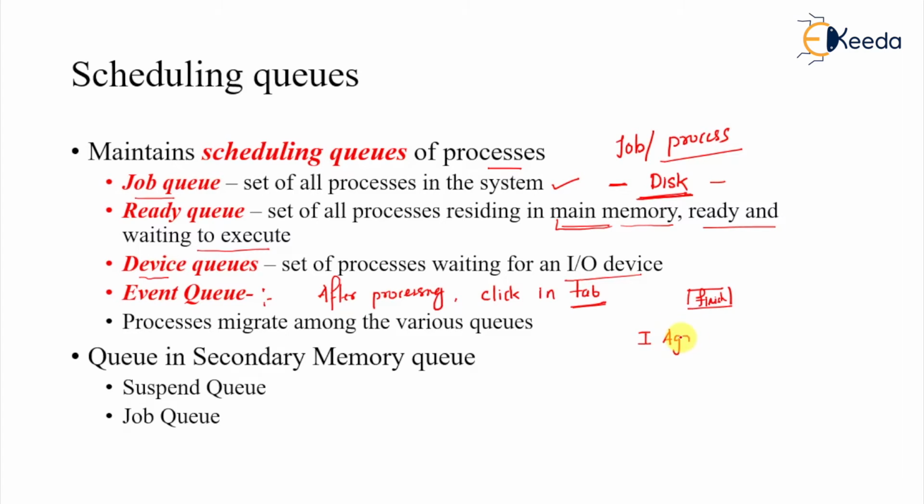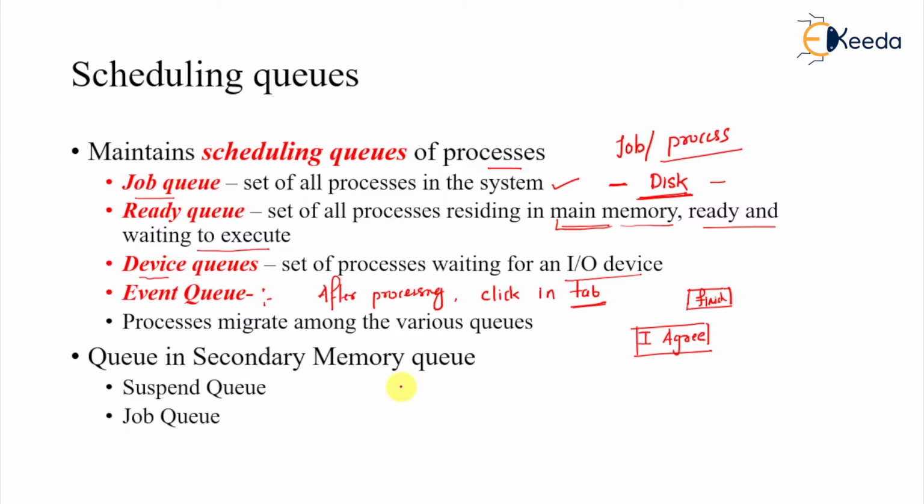So that is an event, and until that event occurs, the process will be in the waiting state. It is not related to input and output. It is an event to happen, like a mouse click or mouse movement. So that is the idea of the event queue.